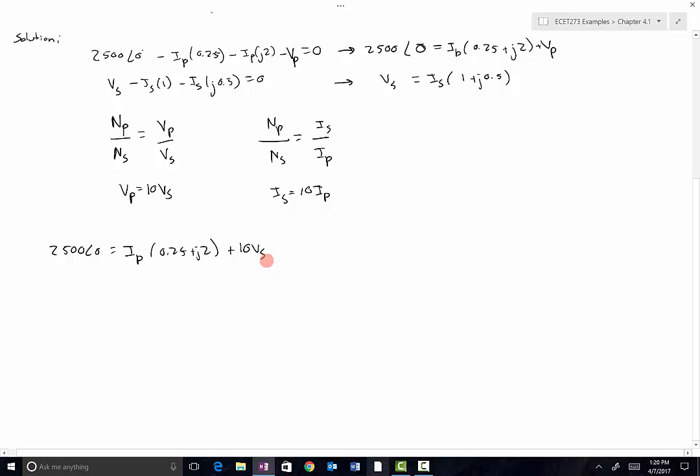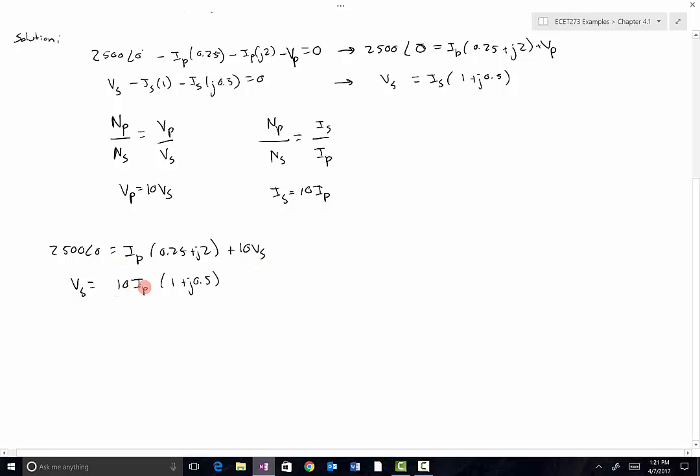And then here I'm going to say VS is equal to IS, but I can sub out 10 IP for IS times 1 plus J 0.5. So now I've got two equations and two unknowns, IP and VS.